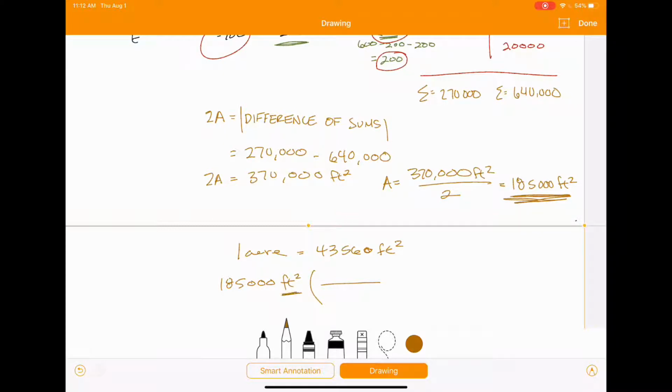So we've got feet squared on top here, so we need feet squared on bottom here so that they'll cancel out. Stick acre on the top. We know 1 acre, 43,560. Again, your feet will cancel. You'll be left with acres. So you can just plug that into your calculator, 43,560. And you'll be left with 4.25 acres, which is a pretty decent size of land.